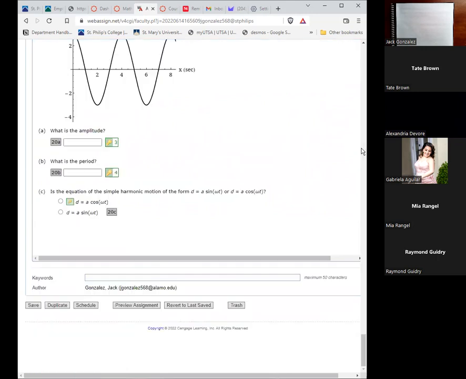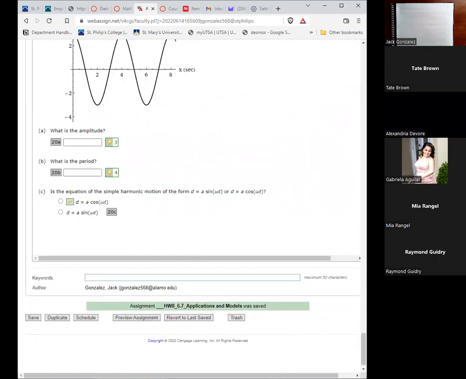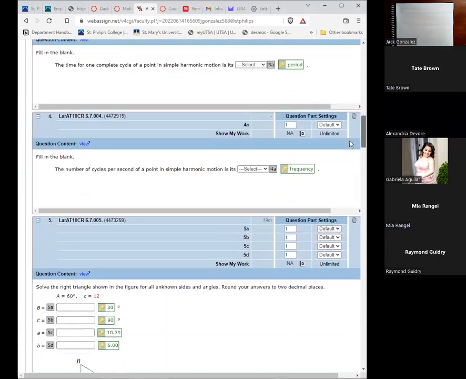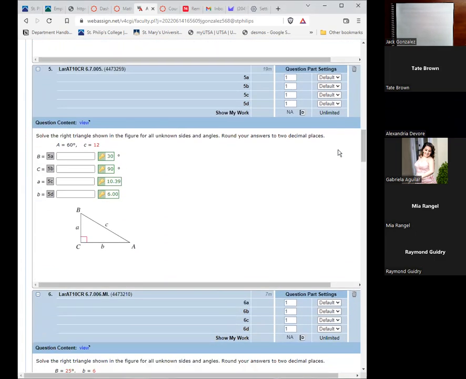Let's save before I forget. Okay. Yeah, let's do a few out of the homework since they're just live type stuff. So number 5.